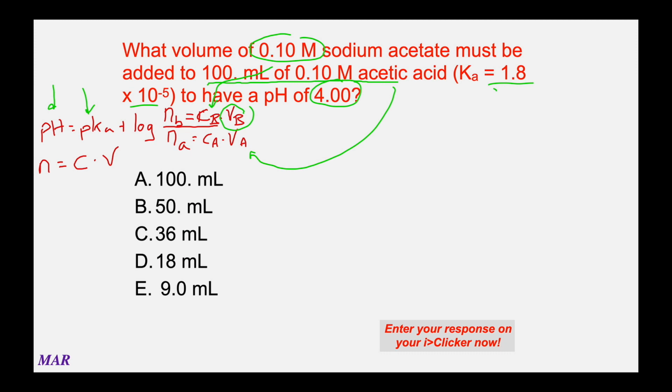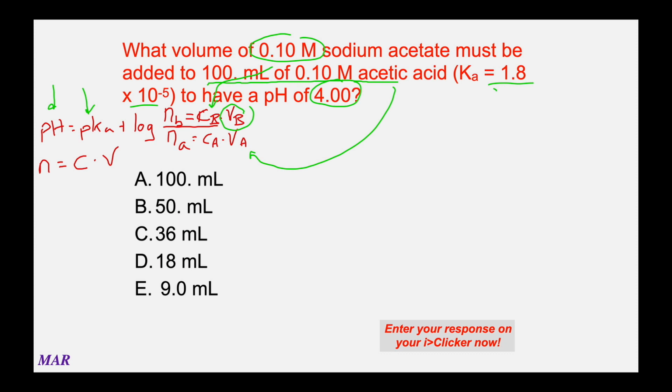So pH 4.00 equals pKa, which is minus log 1.8 times 10 to the minus 5, plus log, and in the numerator, 0.10 times x, which is going to be the volume of your base, and in the denominator, 0.10 times 100 milliliters. And you can literally go through and solve for the volume of the missing base.